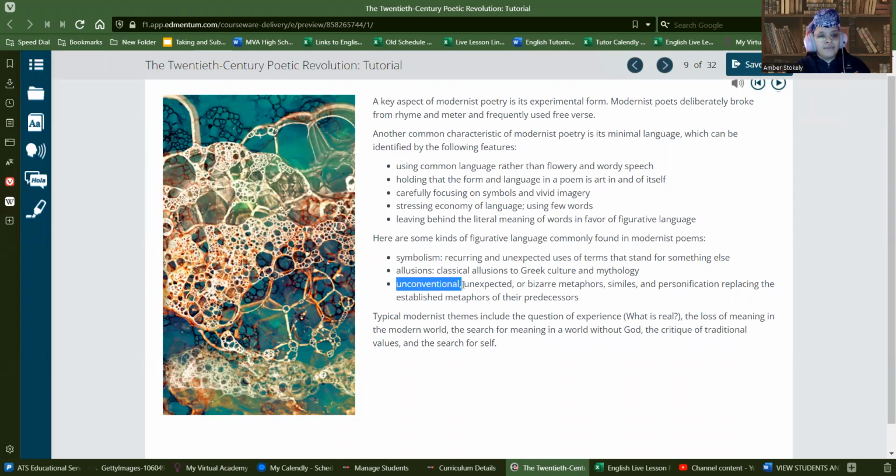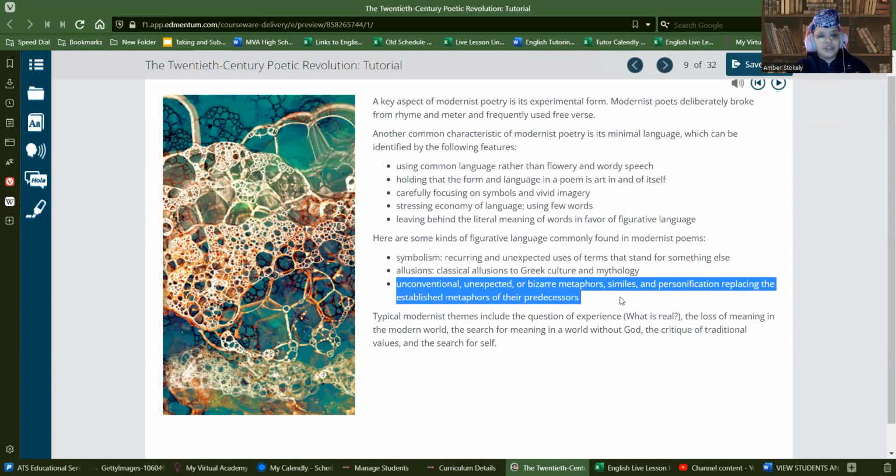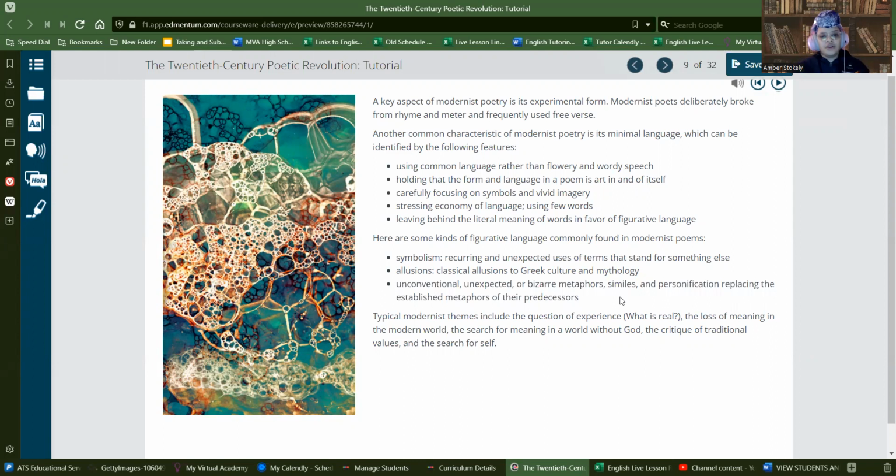That means different from what society would expect. Unexpected or bizarre metaphors, similes, and personification, replacing the established metaphors of their predecessors. So metaphors are when you compare two things. Similes are when you compare two things using like or as. So just as a quick revisit to my example from earlier, her eyes are the sea is a metaphor.